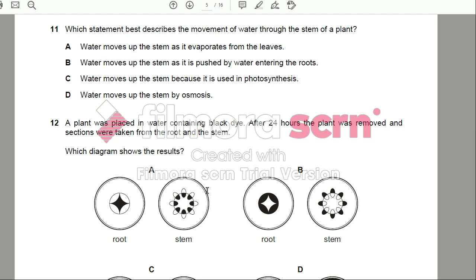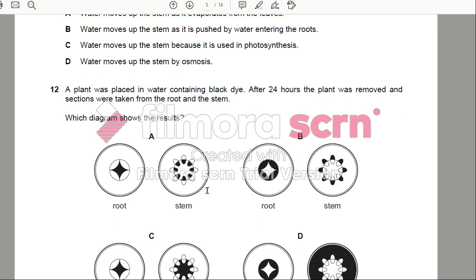No, osmosis is always there in moving water from soil into the root hair cells. So option A is the correct answer, where we have evaporation of water from the leaves. Definitely in that case the transpiration pull is going to pull the water towards the leaf. Now we move to question number 12.